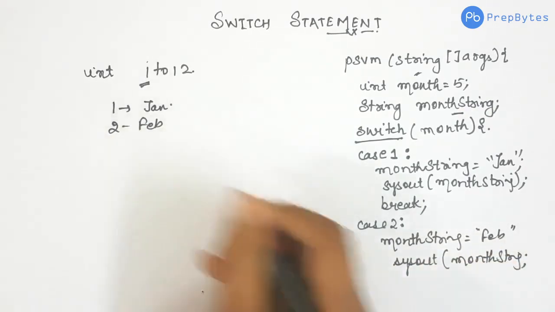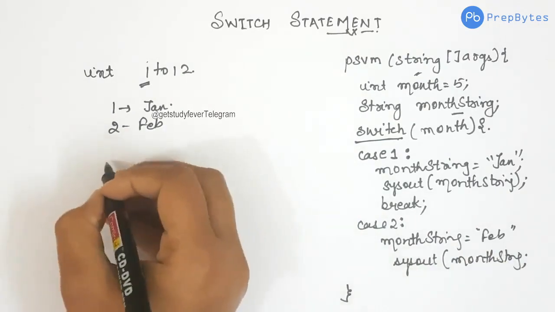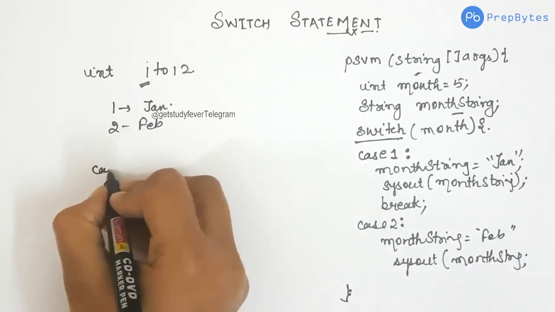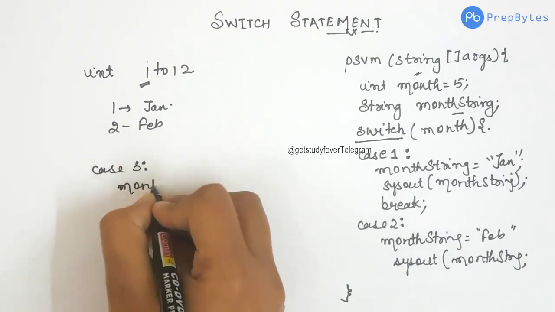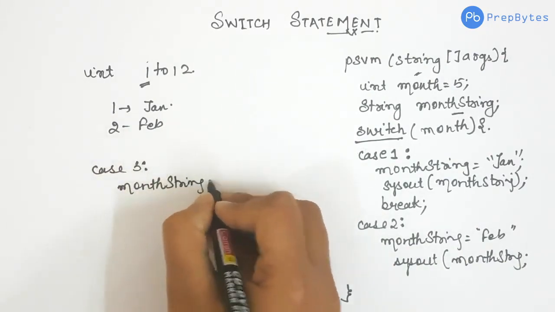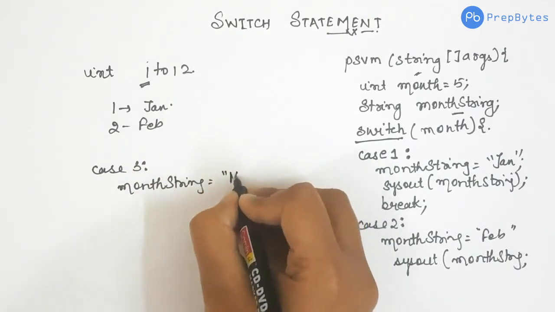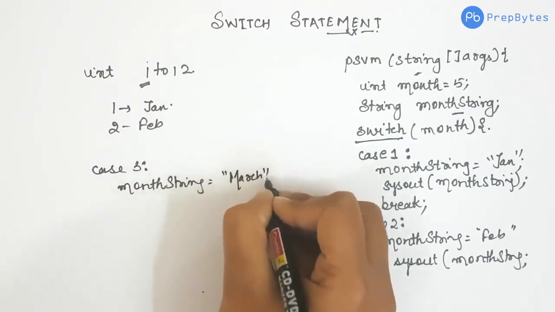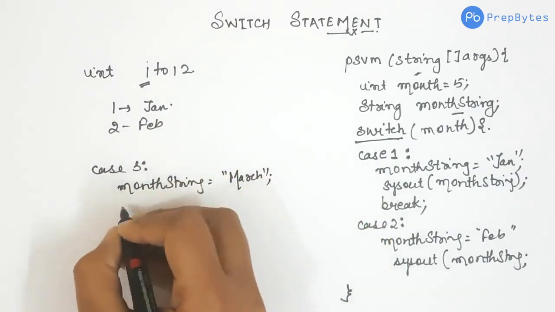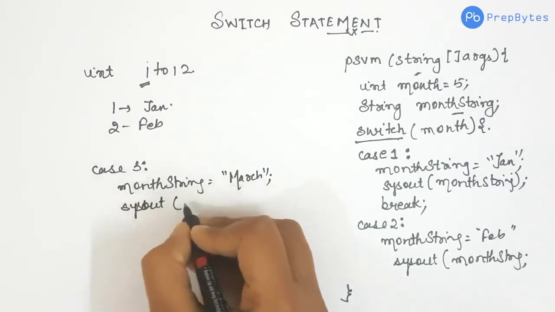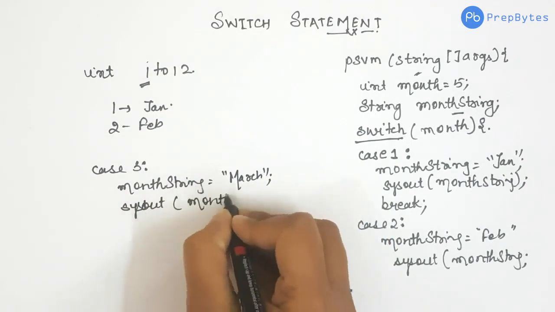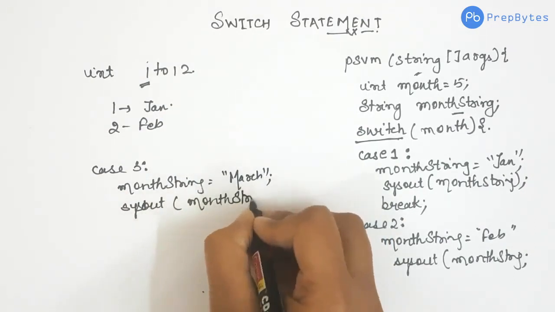Let's say I'm writing the cases from here. I'm writing the code here now. We have case 3, month string equal March, sys out month string.